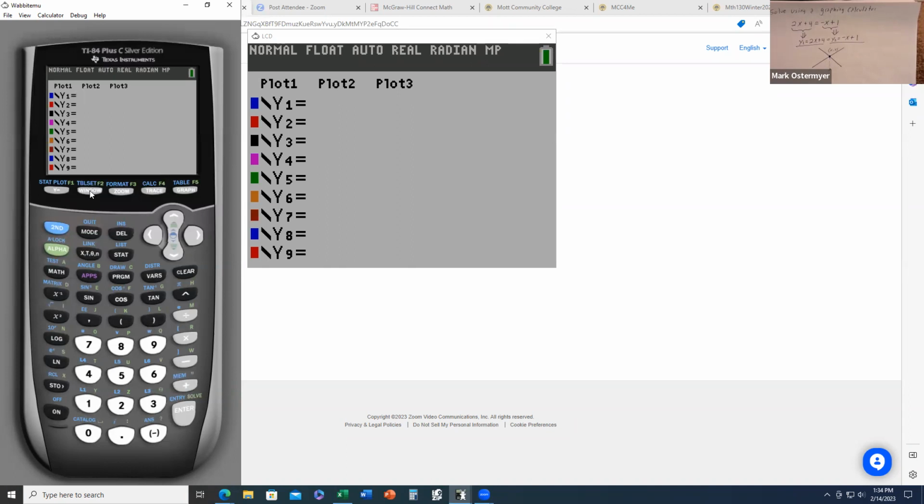So what is the left side of my equation? Y1 will be 2x plus 4. And y2 is going to be the right side of my equation, negative x plus 1.